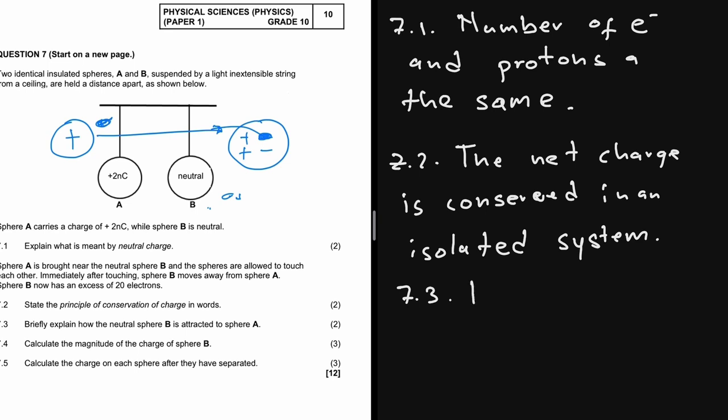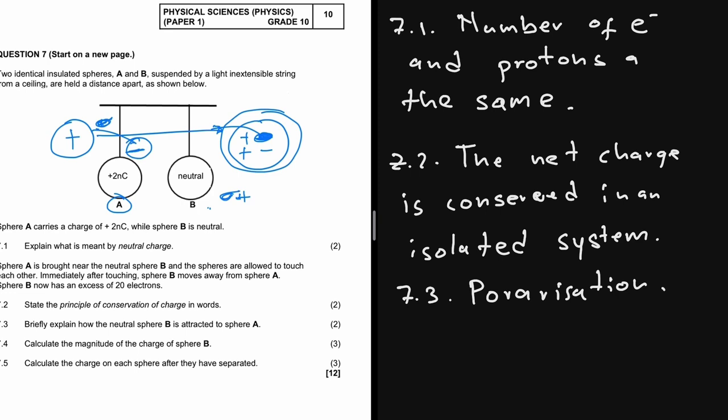So because of polarization, the negative charge of the neutral sphere is going to go closer to the charge of A, because it wants to be attracted to this positive one. So at the end, the far side will be partially positive.